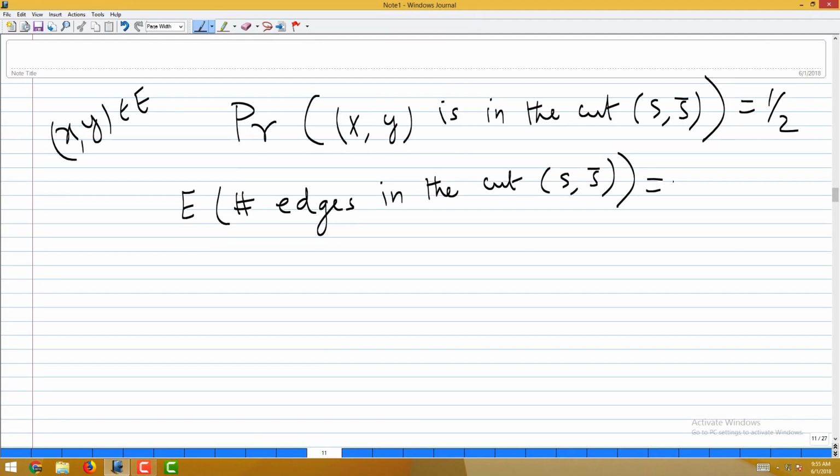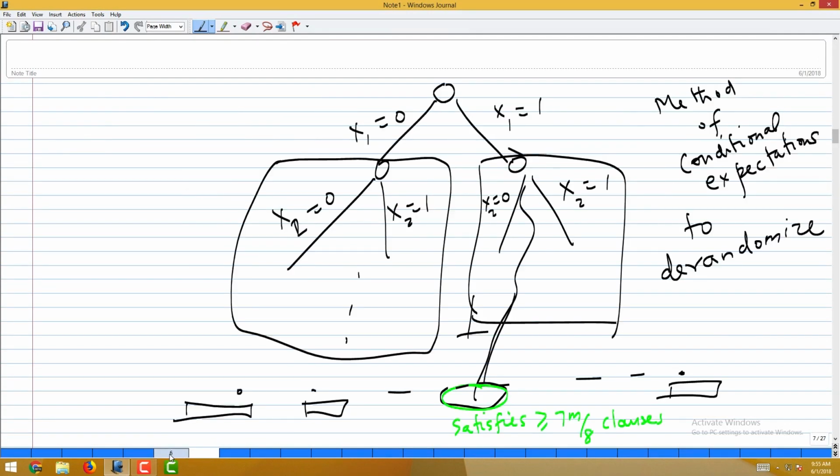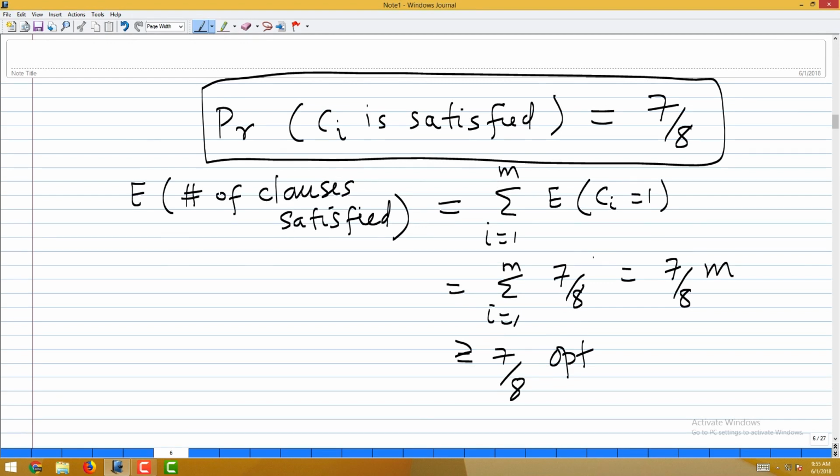Linearity of expectation, exactly the way we did it. Expected value that Ci equals 1, run it over all edges, and each one of these is half.